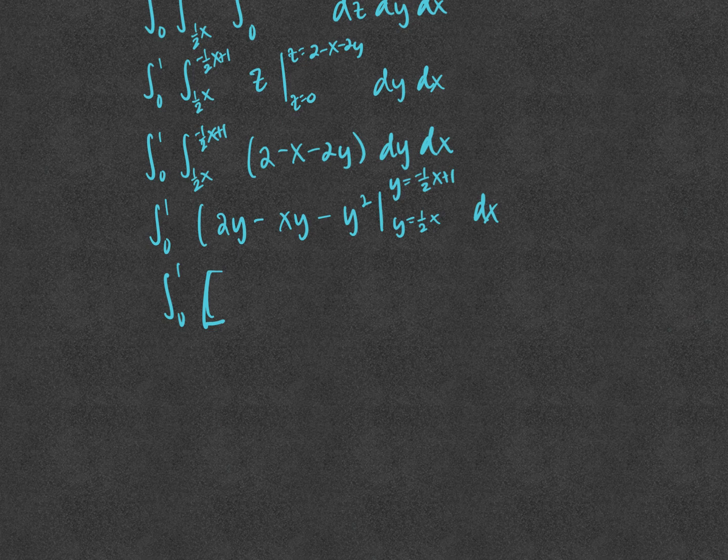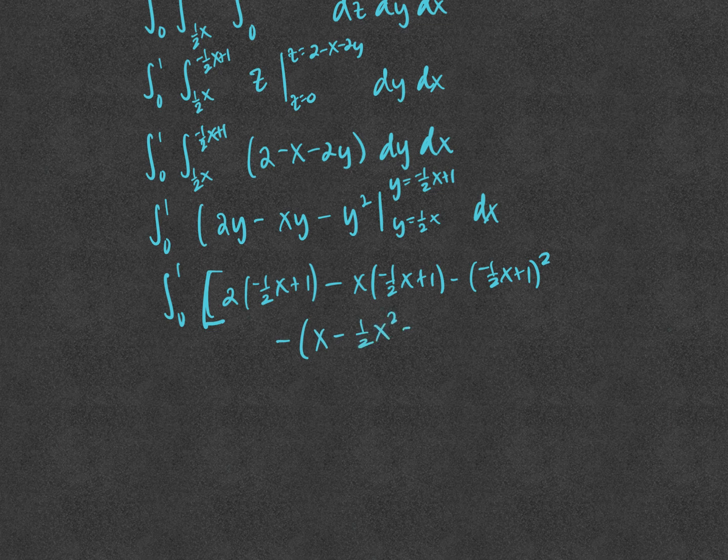So we're going to evaluate, we're going to say 2 times y, which is negative 1/2 x plus 1, minus x times that gives me x times negative 1/2 x plus 1, minus negative 1/2 x plus 1 quantity squared, minus, when we evaluate at y equals 1/2 x, we get 2 times 1/2 x is x, minus x times 1/2 x is 1/2 x squared, minus y squared would mean we take 1/2 x times 1/2 x to be 1/4 x squared. With respect to x is our last integration.